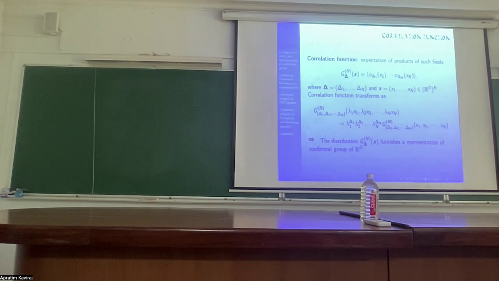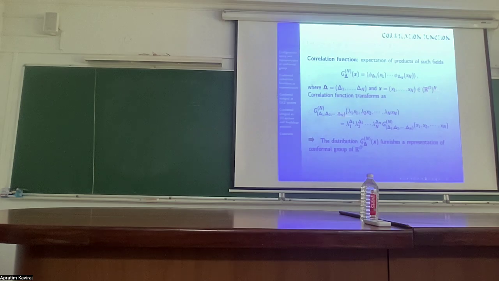To address these questions, one studies correlation functions, which are the expectation values of products of these fields. Here the bold delta is an n-tuple of conformal weights of these fields, and x is an n-tuple of coordinates in (R^d)^n. So I have n points, the n-point correlation function.